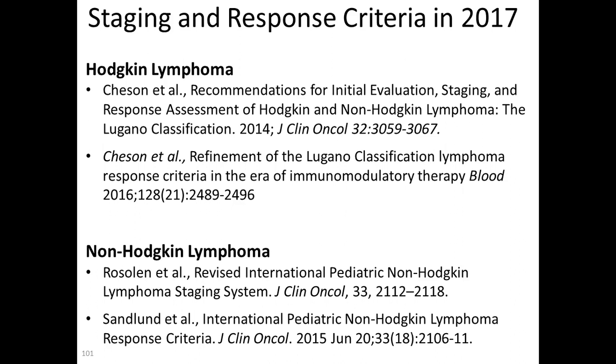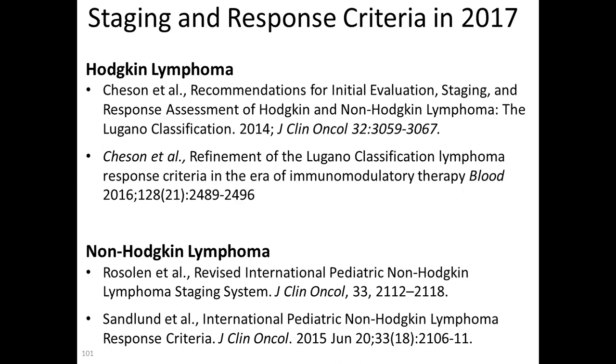This is the staging and response criteria in 2017. The Cheson reference talks about using the 5-point PET-based scale. The Cheson 2016 has updated that to take into account the use of checkpoint inhibitors and the fact that when you turn your immune system on to fight a Hodgkin lymphoma, if you do a PET scan too quickly, you actually see more inflammation rather than less.